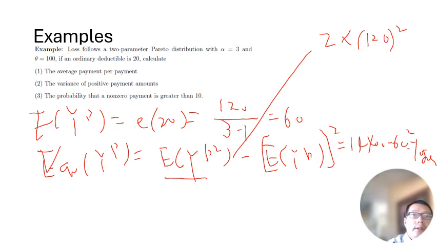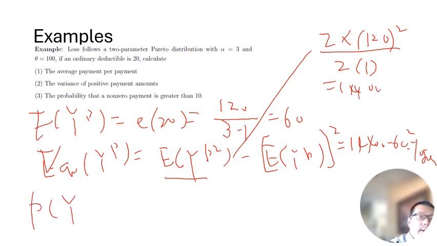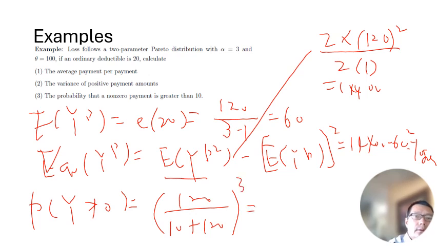You can find it in a spreadsheet or in a book. And the probability of Y greater than 10 is 120. Yeah, this is formula 2. So these questions are not difficult. You just need to know how to apply the numbers to the formula to get the result.